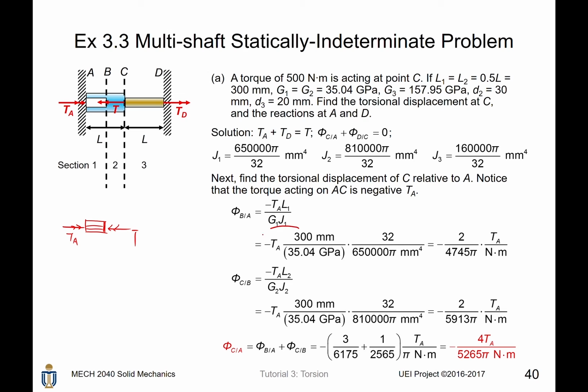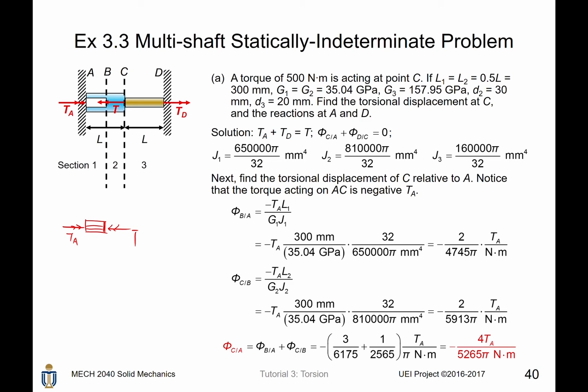By substituting all the values into it, what we are left with is just TA. The torsional displacement at point B relative to A equals minus 2 divided by 4745 pi times TA per meter. Similarly for phi C relative to B, the torsional displacement at point C relative to B equals minus TA times L2 divided by G2 J2, but G1 equals G2, so those are the same.